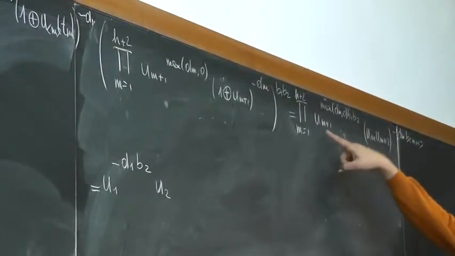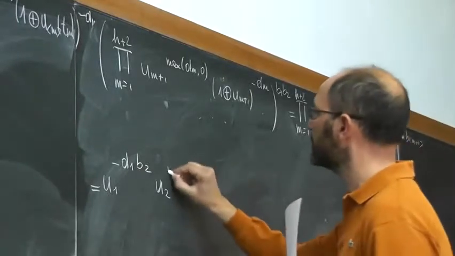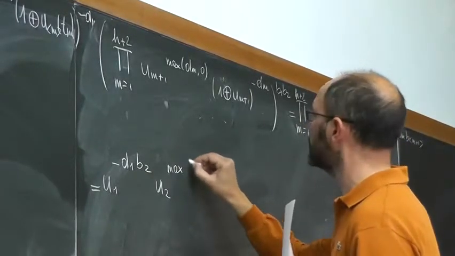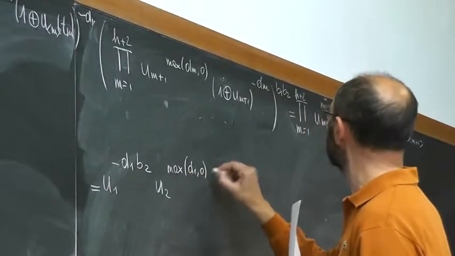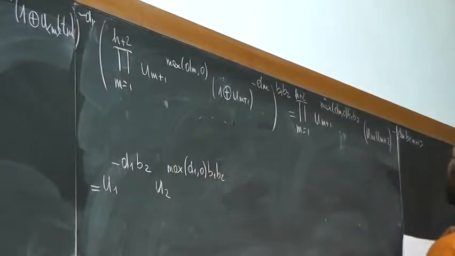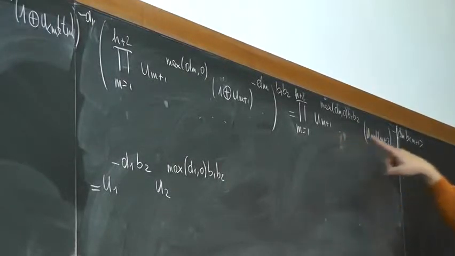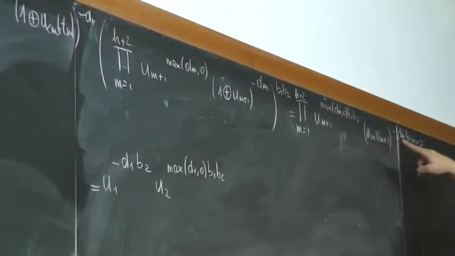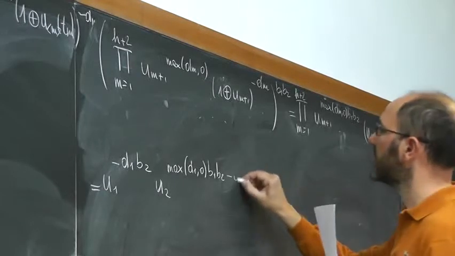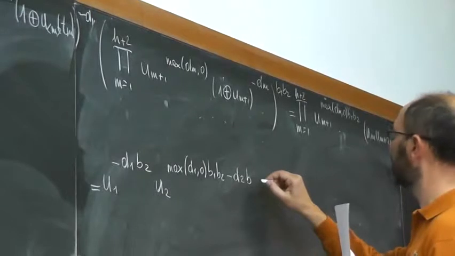So u2 appears here when m is 1. So the exponent is maximum b1 0 b1 2. Yes, and then it appears also here when m is 2. This is minus b2 b1.